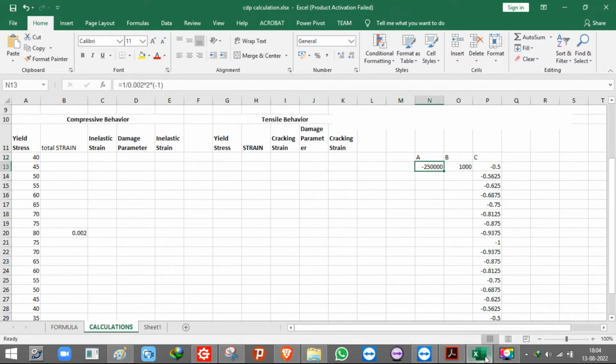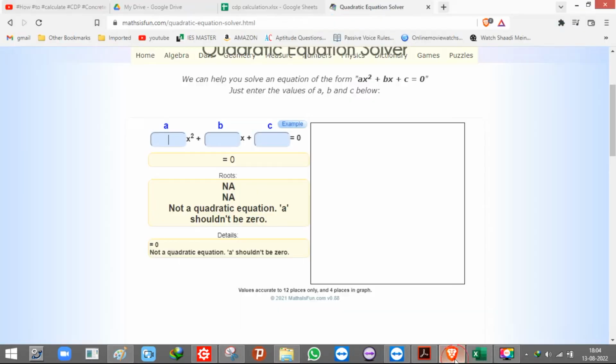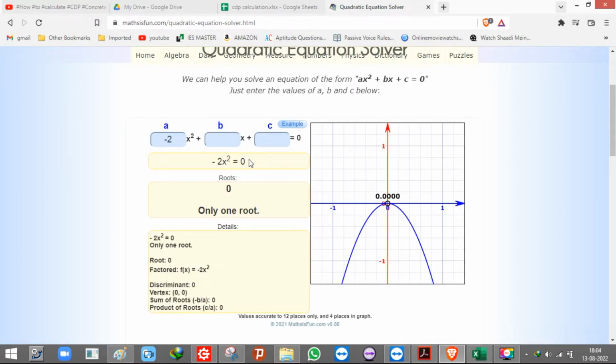So A value is -25,040. So I'll bring this calculator over here. Just enter the value -25, 1 2 3 4 0. Sorry, one more 0.